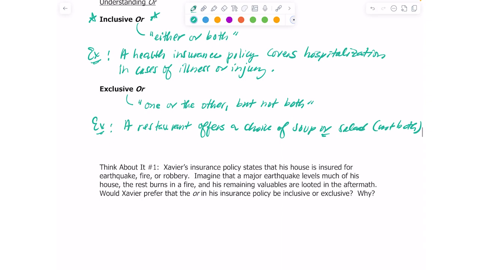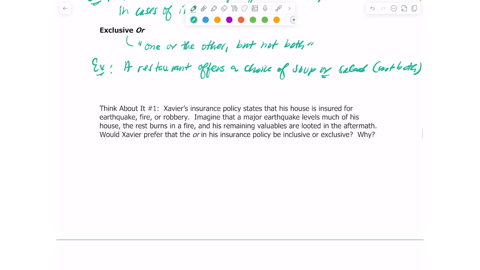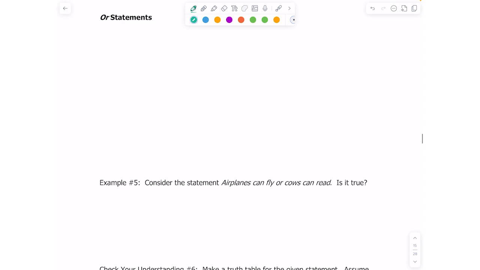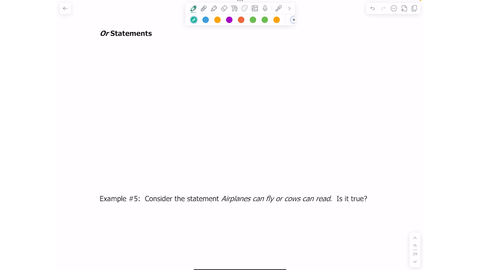There's a problem for you to think about. A little bit about OR statements: they are known as disjunctions. Let's say we're given two propositions. We'll call them P and Q again.